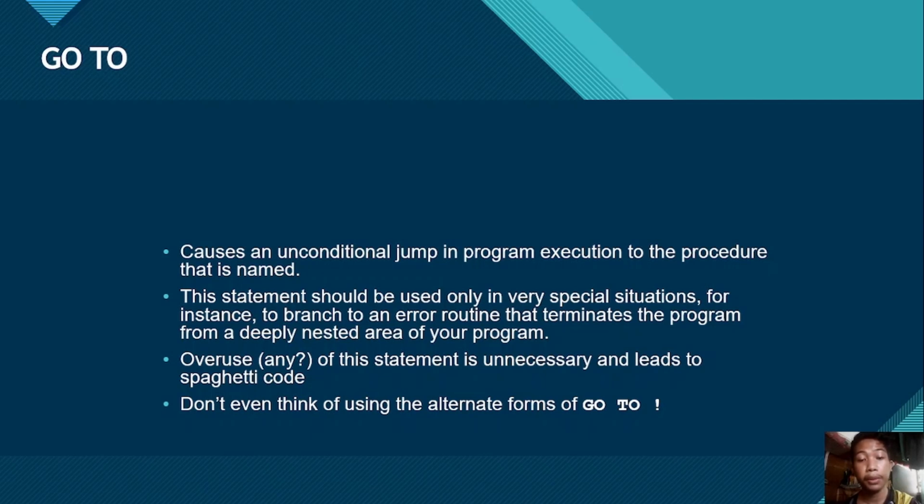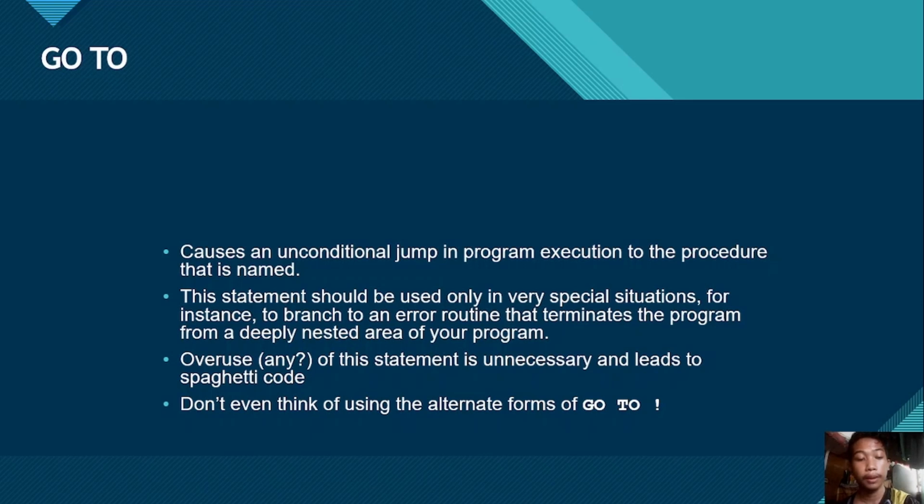So this statement should be used only in very special situations, for instance to branch to an error routine that terminates the program from a deeply nested area of your program. Overuse of this statement is unnecessary and leads to spaghetti code. Don't even think of using the alternate forms of goto.